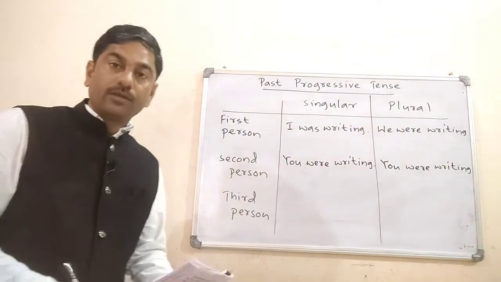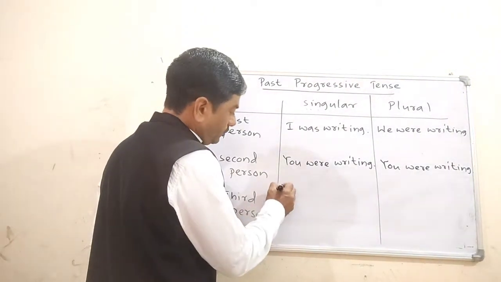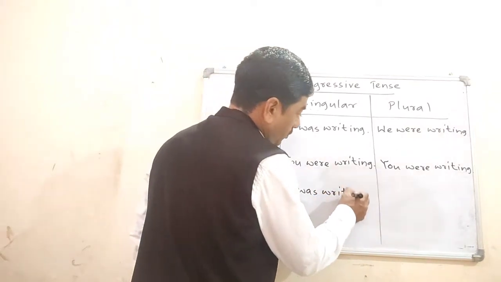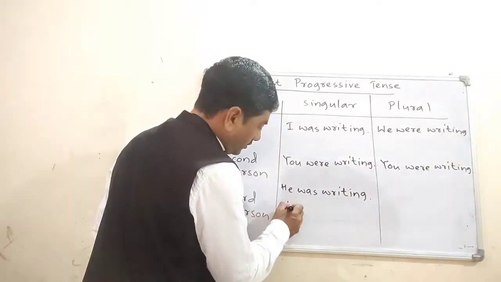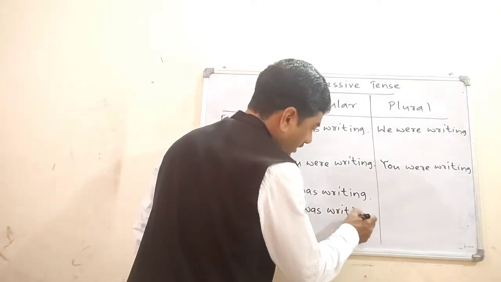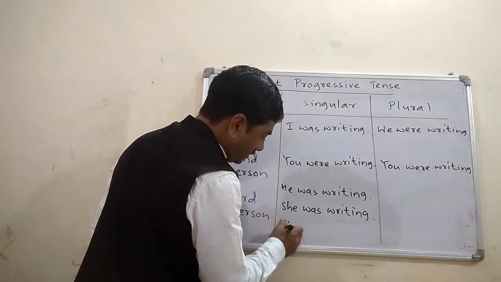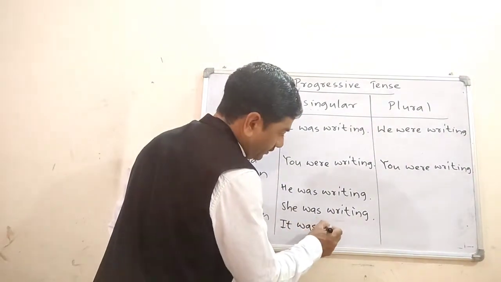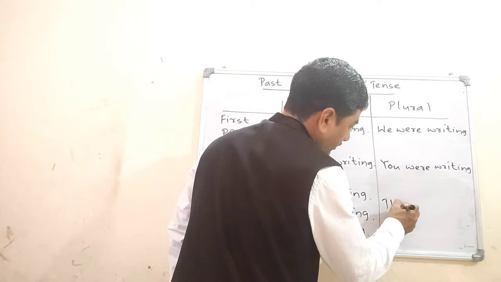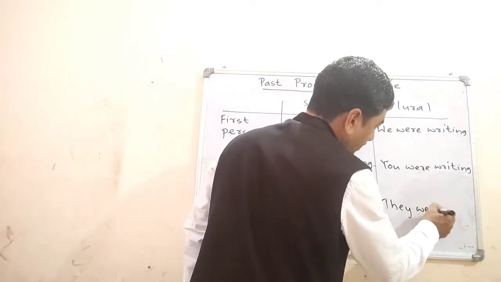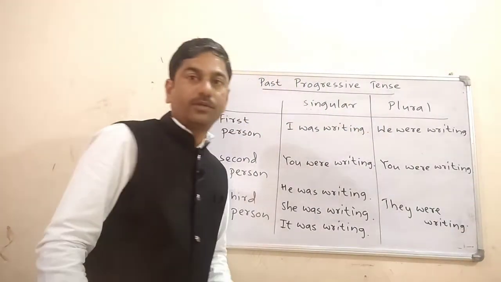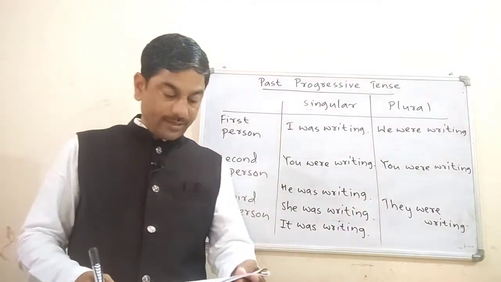Then he was writing, she was writing, it was writing, and plural they were writing. So this is the plural. So remember this table carefully.